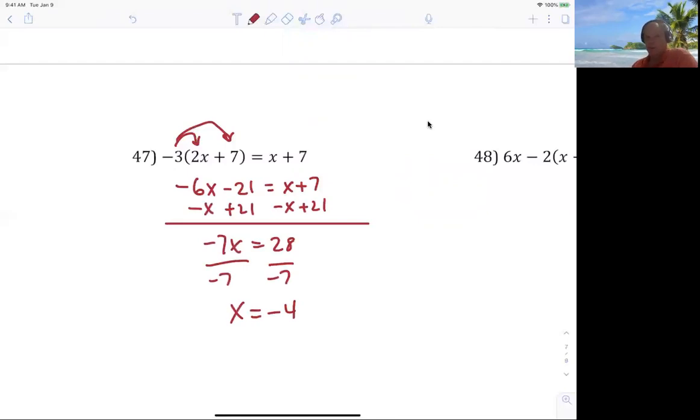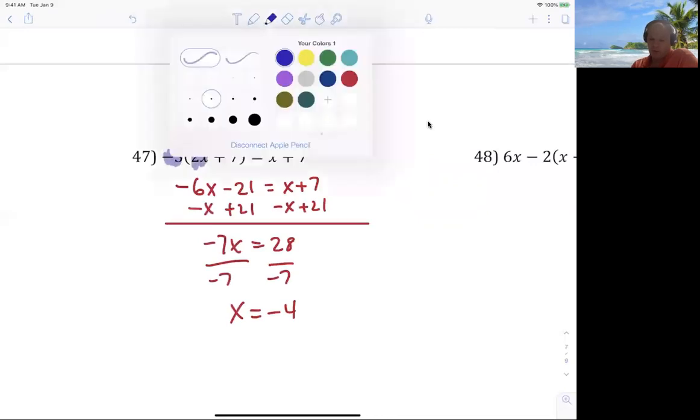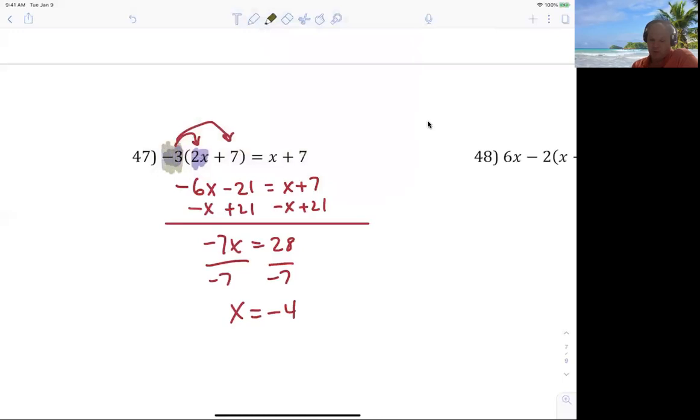Again, if it's going too fast, slow down, go back, stop the tape, rewind, go through again. All right, again, the distributive property, some of you are having trouble multiplying those two things together. Then you are multiplying a negative 3 times positive 7. That's where you're getting those numbers from. Okay, then you got to remember variables to the left, numbers to the right.